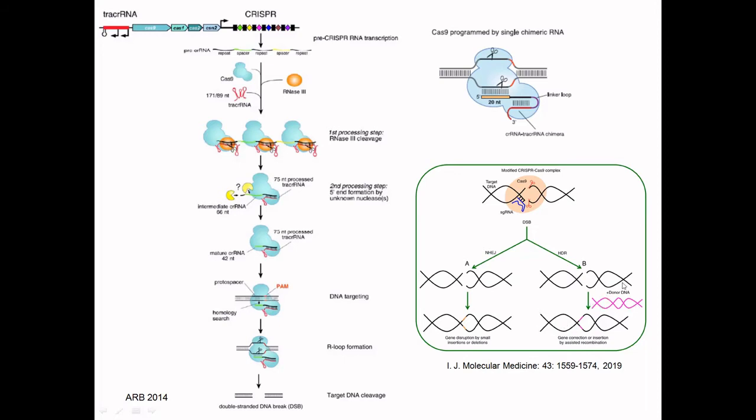But when there is no donor available, it is the salvage repair, called non-homologous end joining. Because of this, there is an insertion or deletion in the target DNA. We call it an indel, and because of this there is a knockout effect.